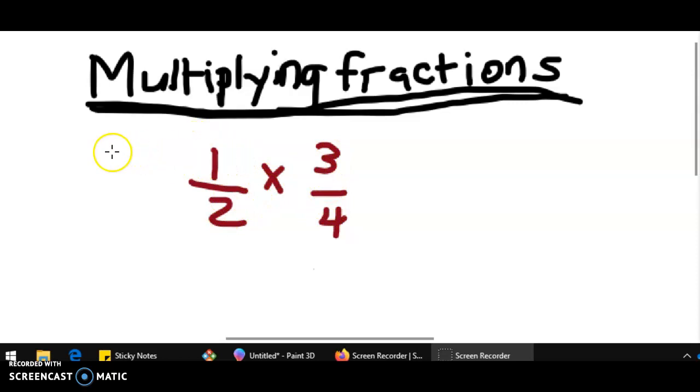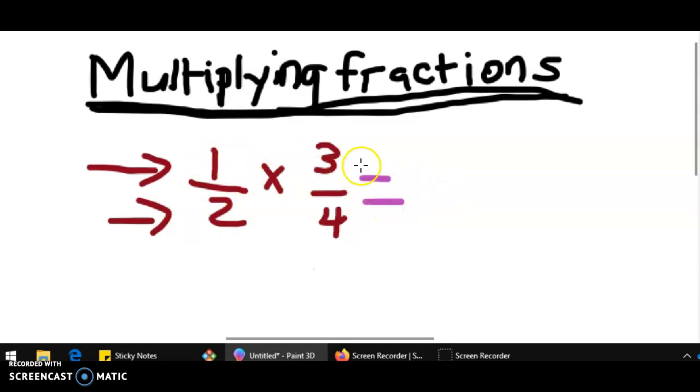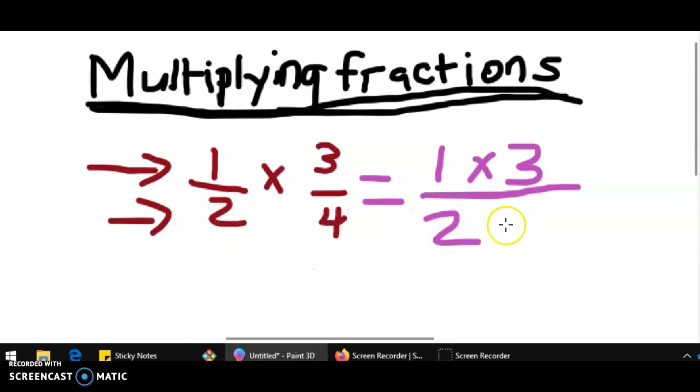So we just multiply the numerators and the denominators. For example, let's multiply the numerators, 1 times 3, over, now let's multiply the denominators, 2 times 4.